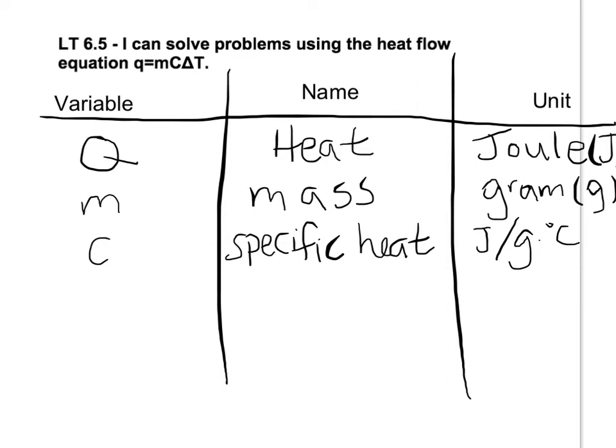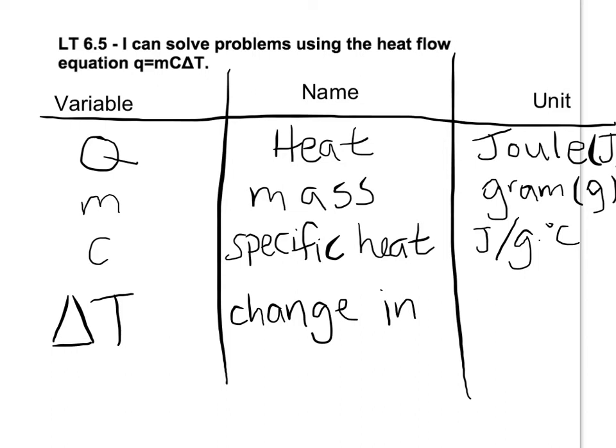The last one is delta, little triangle T, which just stands for change in. So that's what the delta, the triangle, stands for, and then T stands for temperature. And we should know that the unit for T is degrees Celsius. So that's what the variables stand for in that equation.